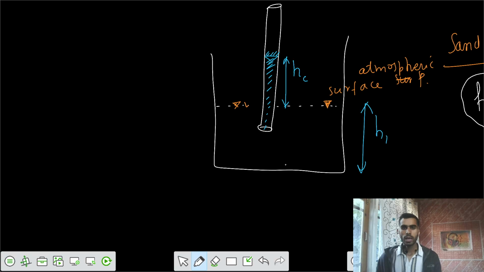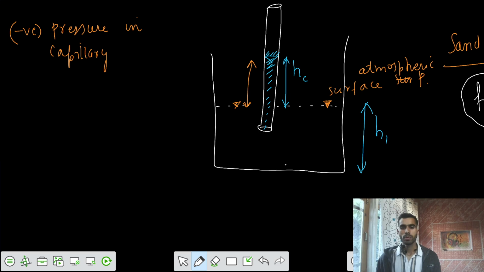And above that, we would say this is your negative pressure. So the important statement is that we have negative pressure in the capillary zone. That's because the water is above the atmospheric level, so the pressure in the capillary zone is negative.